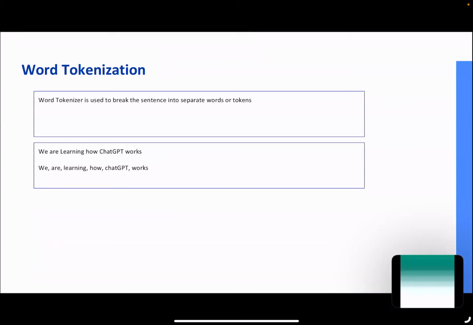So let's suppose we have a sentence like "we are learning how ChatGPT works," and we are dividing it into words: we, are, learning, how, ChatGPT, and works, and each word we can name a token. This process we can name word tokenization.